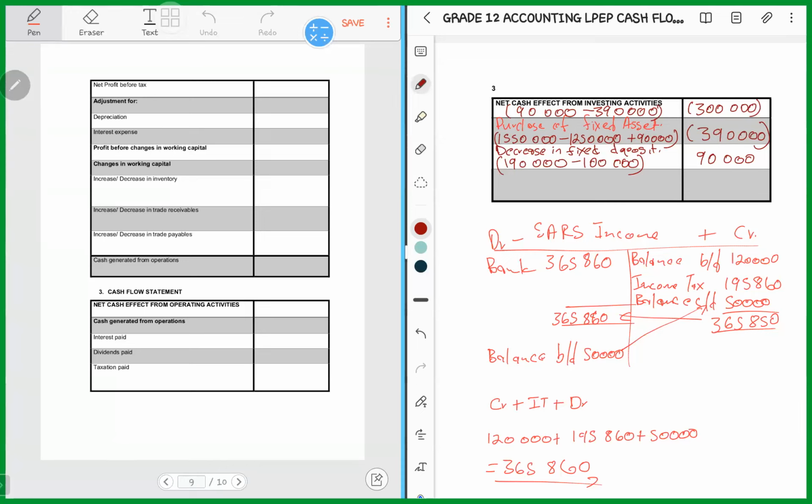Make sure that you complete those activities. If there are 10, make sure that you complete 10. Another thing, I'll try to download the trial exam question papers from all 9 provinces.